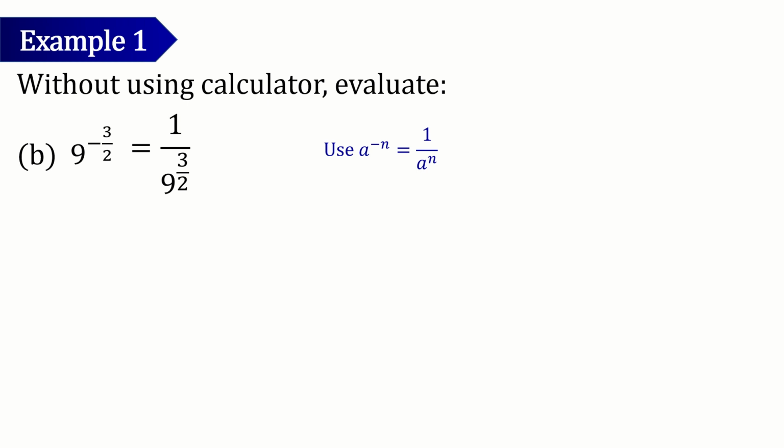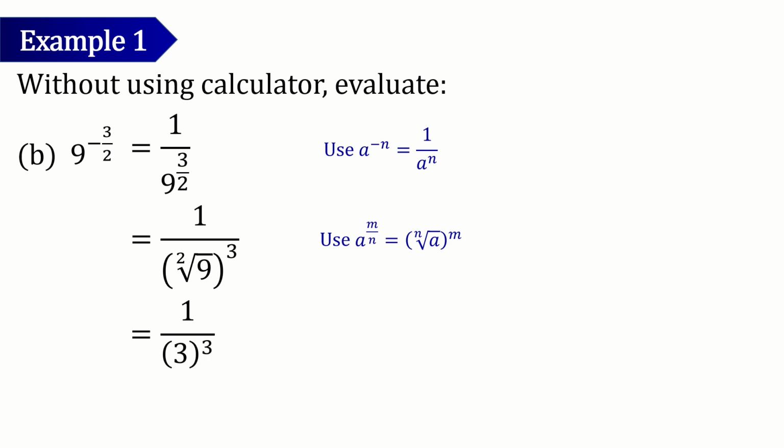And for 9 to the power of 3 over 2, we can use this rule to simplify it. So that is also equivalent to the square root of 9, to the power 3. And we know that the square root of 9 is 3. So we have 1 over 3 to the power of 3. And 3 to the power of 3 is just 27. So the answer is 1 over 27.